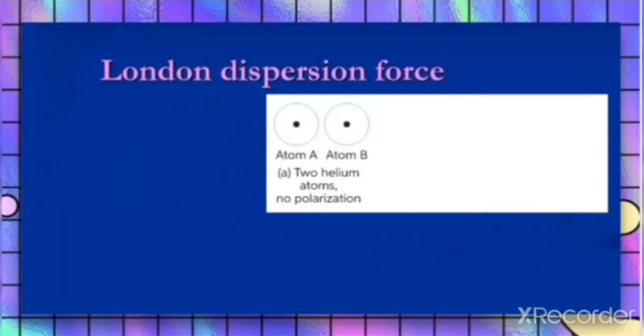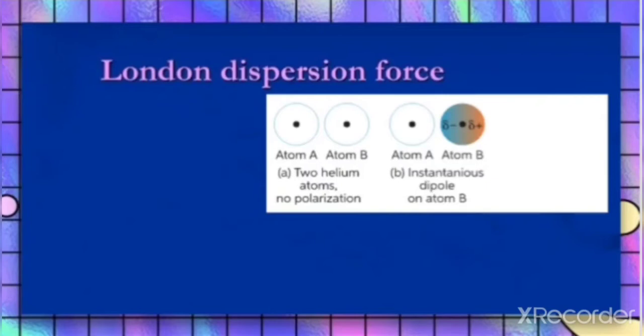But for an instant, let the electric charge distribution of B be more at one side. That means for an instant the electric charge distribution in B becomes unsymmetrical. Unsymmetrical means the electron cloud is more on one side.